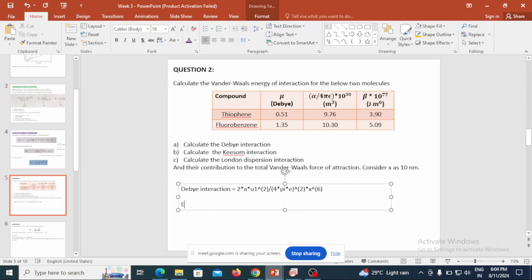So what will be the expression? Here your mu is given in debye, so you need to convert that debye unit to SI unit. How much is 1 debye? What is the SI unit of debye and what is the conversion factor?